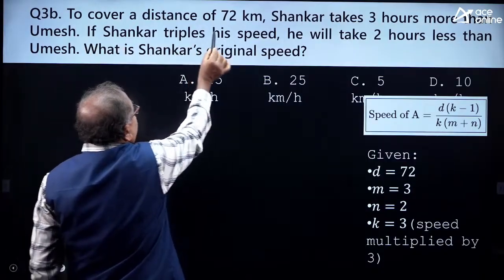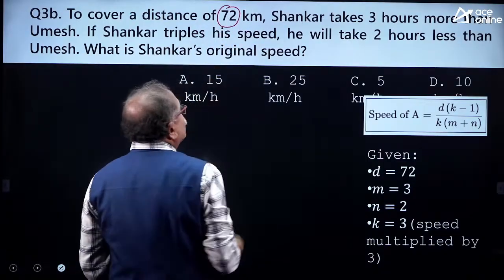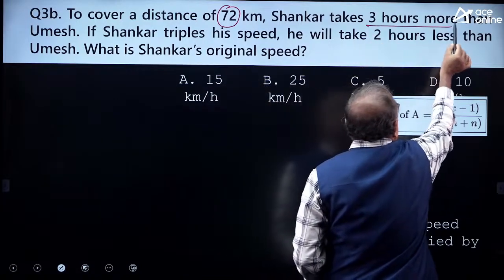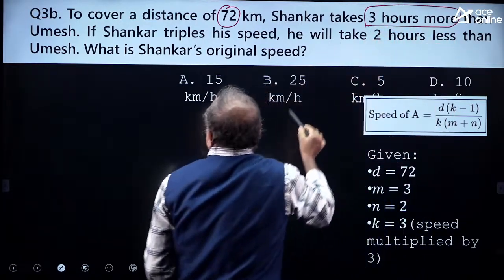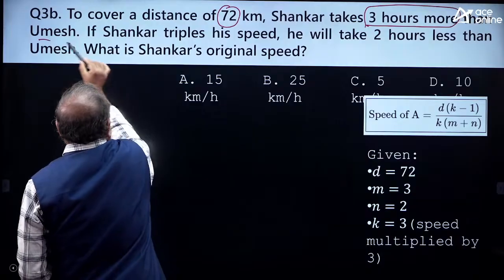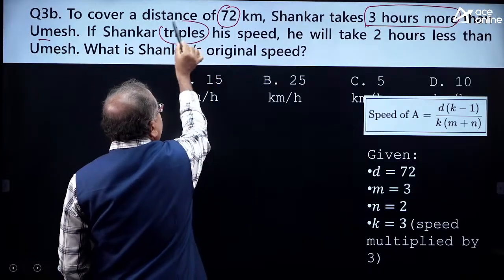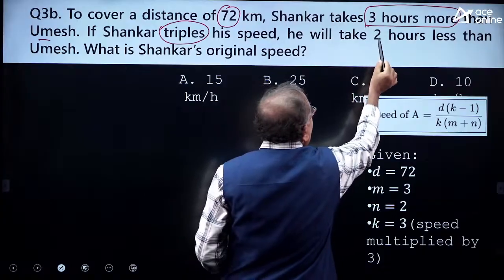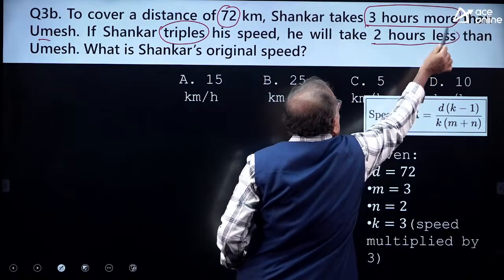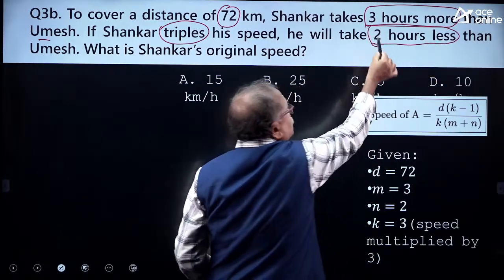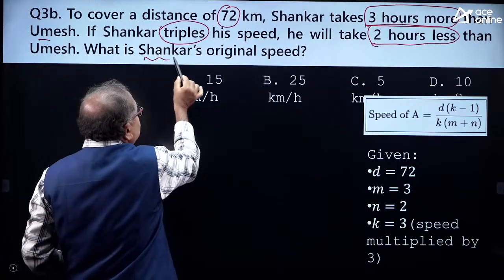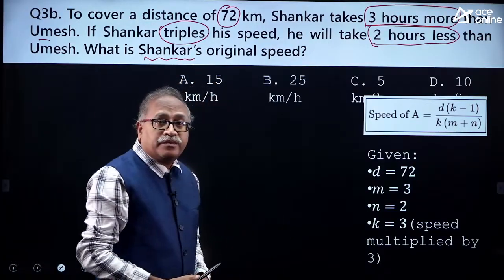To cover a certain distance of 72 kilometers, Shankar takes 3 hours more than Umesh. And if Shankar trebles his speed, 3 times the speed, then he will take 2 hours less. The difference of time is 5 hours. Then what is Shankar's original speed?